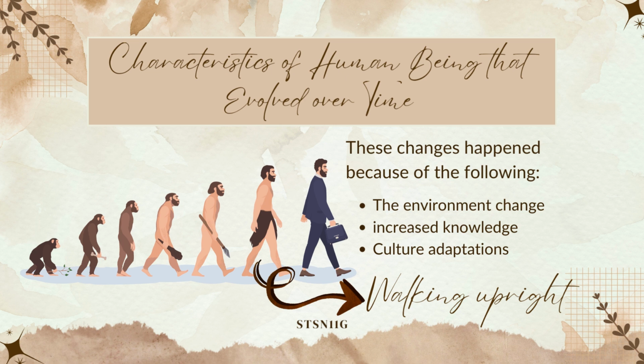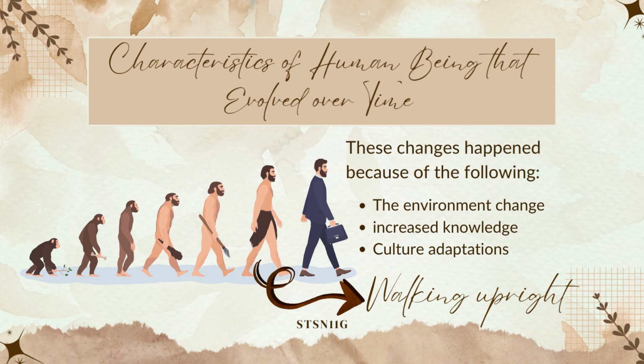So, with walking upright, how did we reach this point that we're already bipedal, that we're already able to walk upright? Historically speaking, the human being was not able to stand straight right from the start. Following natural selection, Charles Darwin, the descendants, which are the ape-like ancestors related to human beings, used to be on all four feet.